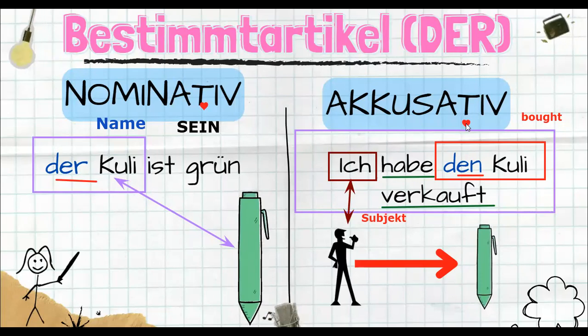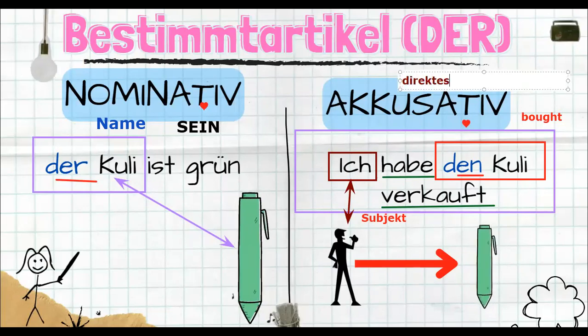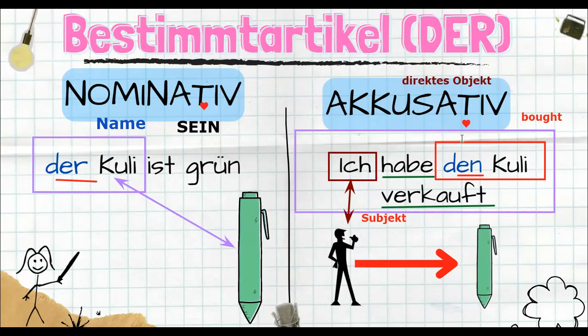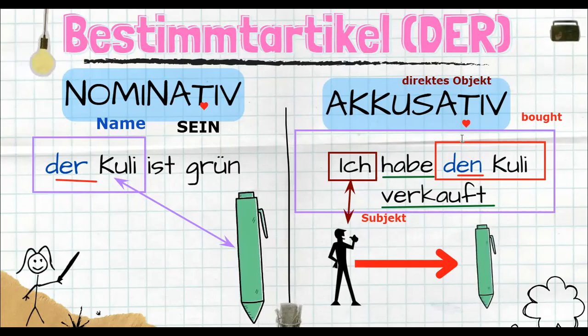Okay, guys. So you see, that is so easy. And I always want you to remember, every time you feel confused, like, oh my gosh, what's going on with accusative? Remember the subject. If we have a subject in the story, then the object of the story, accusative, is the direct object. What did you buy? Accusative. What did you drink?